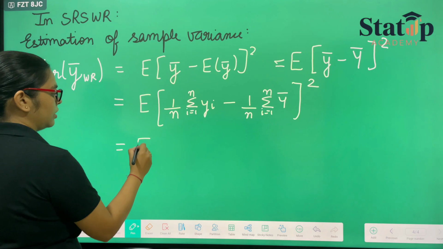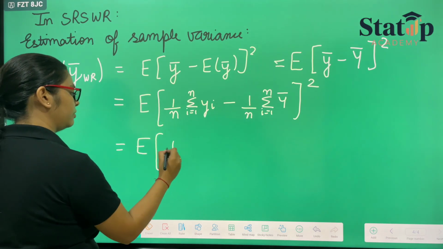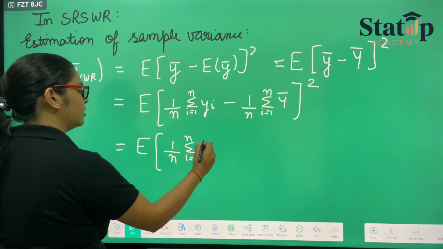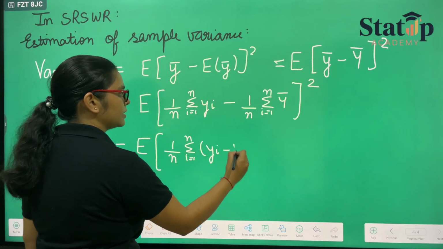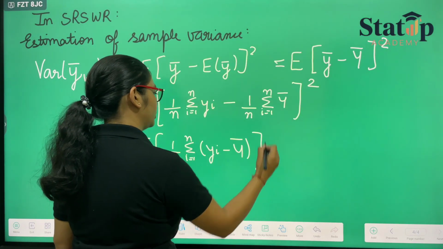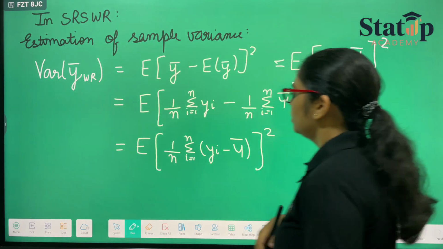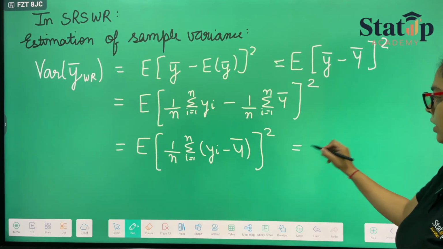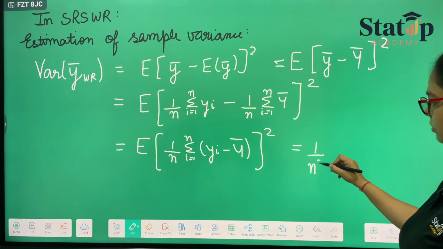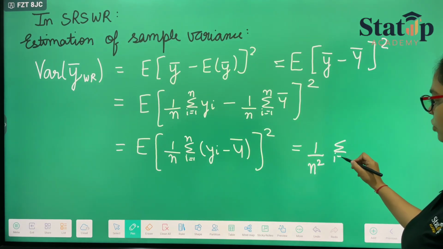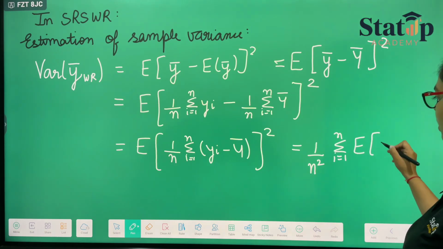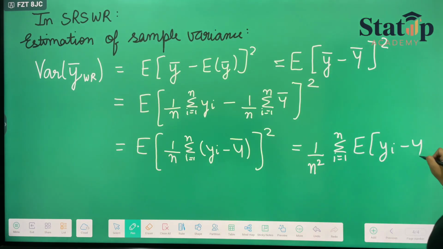Now taking things common, 1 upon n summation i goes from 1 to small n yi minus capital Y bar whole square. Now here we can take 1 upon n outside and summation also outside. So it will be 1 upon n square summation i goes from 1 to small n estimation of yi minus capital Y bar whole square.